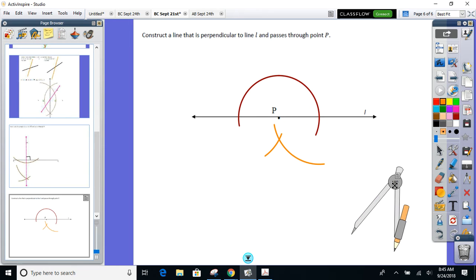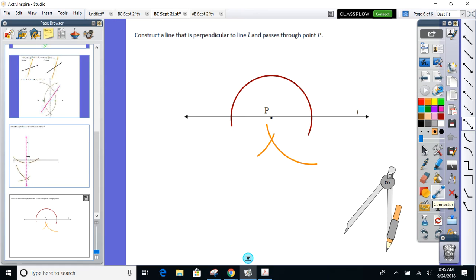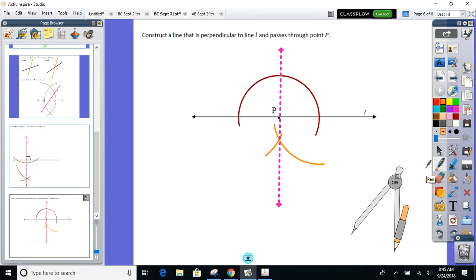Hopefully it lines up above or below P. And there is how, oh, missing something on mine, right? Show me it's perpendicular.